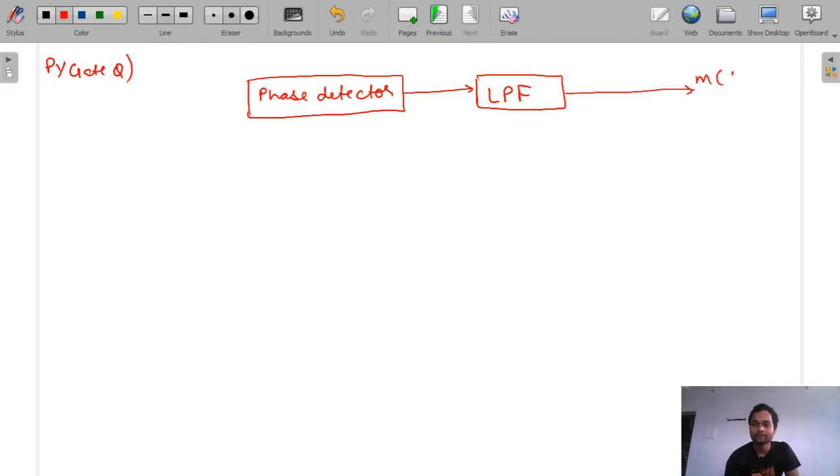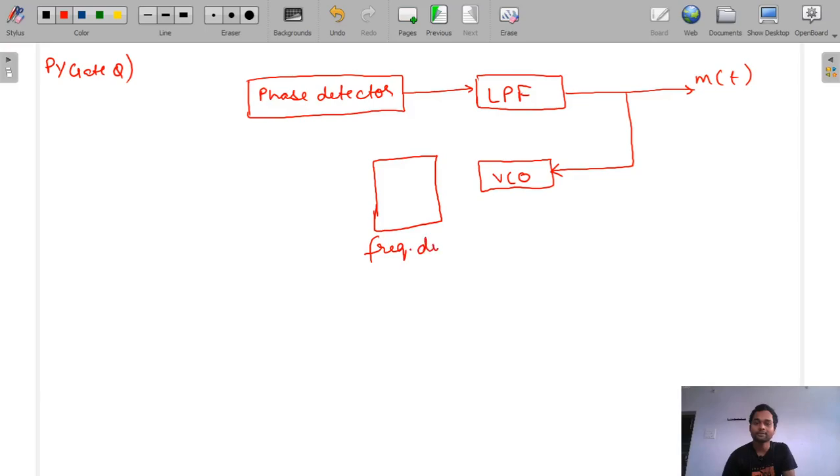And here it is the message signal, and in feedback the signal is passed through a voltage control oscillator, which synchronizes the phase, and it is passed through a frequency divider.